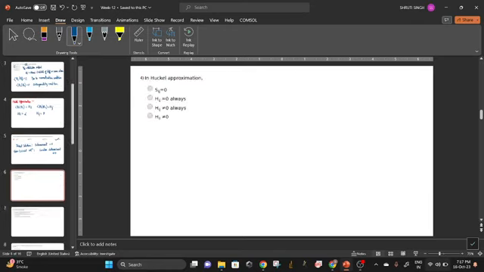Okay. The fourth question is about Huckel approximation. The Huckel approximation says Sij equals 0, Hij equals 0 always, Hij is not equal to 0, and Hii is not equal to 0. This is a single answer question, not multiple select, so we need to choose the best answer.